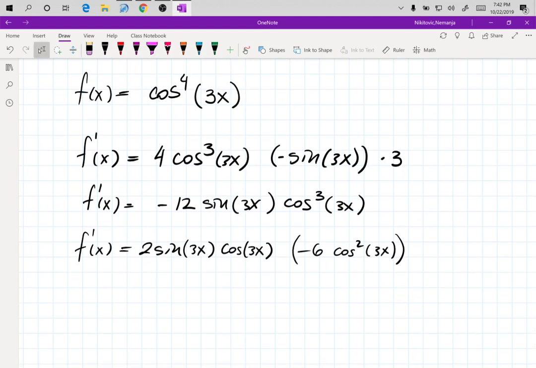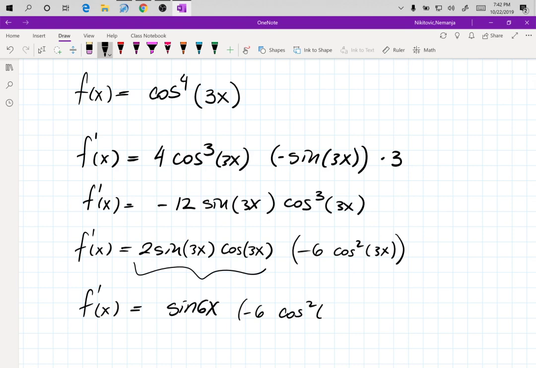Now, why did I steal this? Because this is an identity, and it simplifies into sine of 6x. It's a double angle formula, right? The sine of 2x is 2 sine cosine, but because these are already 3x, the double is 6x. So it simplifies into that, and that's times negative 6 cosine squared of 3x. Not dx, it's just 3x.